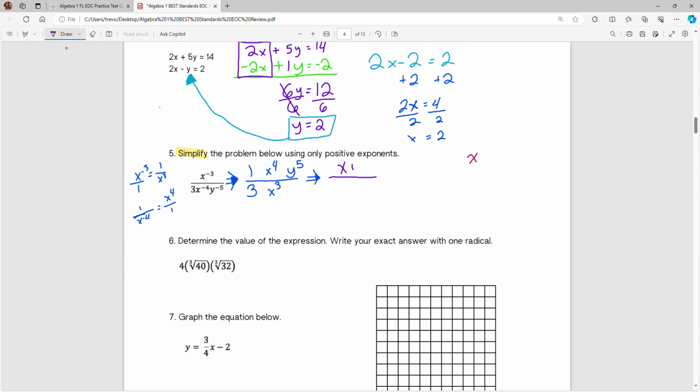So all that y to the power of 5 stays at the top, and all that over 3. This is our simplified version here, done. And we've only got one positive exponent now.